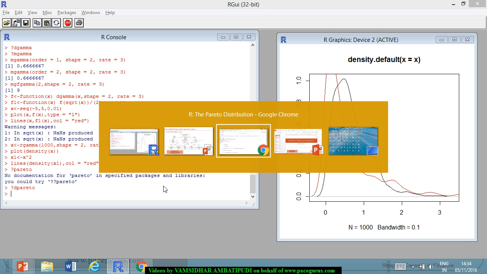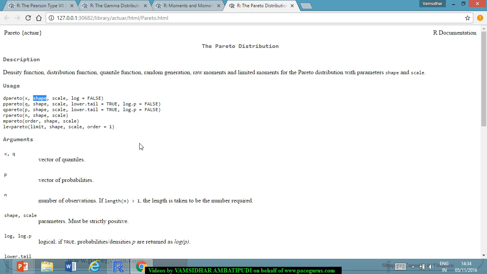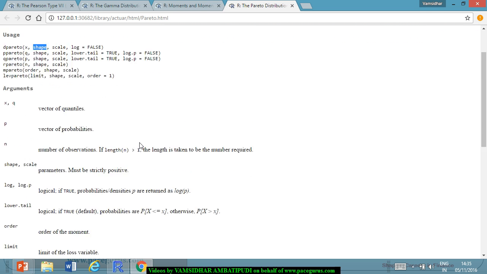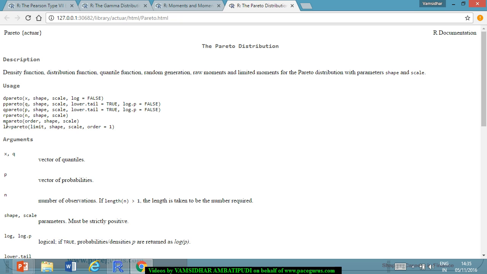So I have to give the shape and the scale parameters to get the density function associated with a Pareto distribution, right? I can get the density function, and mpareto is giving me the moments associated with the Pareto distribution.